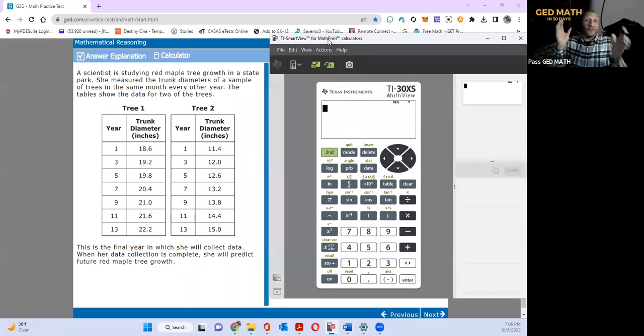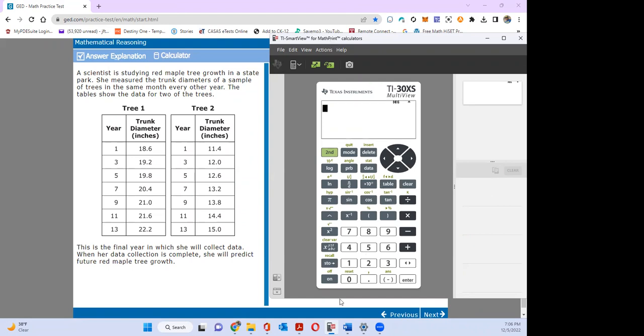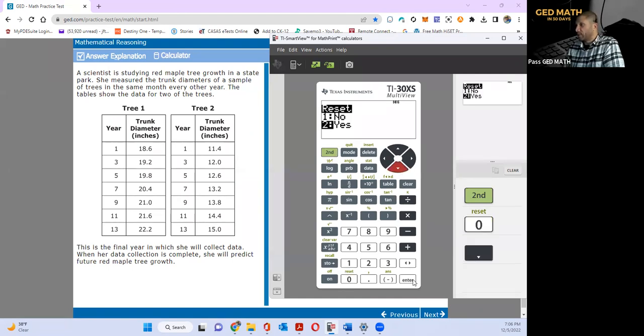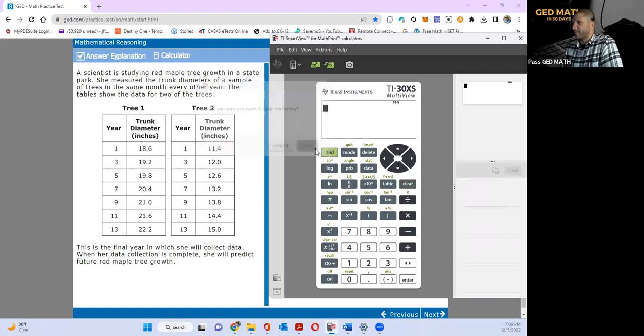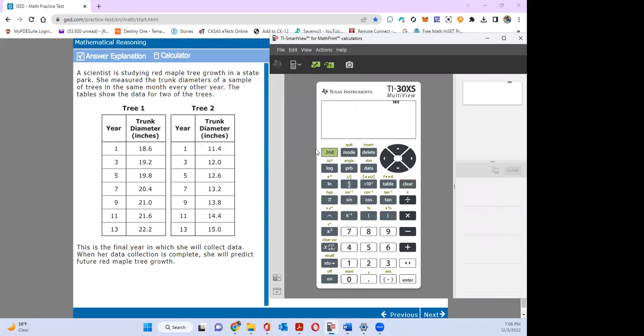That problem that just took us 5 minutes, less than 30 seconds. Let me reset the whole calculator because I need you to really see how easy this problem is, if you go through the ebook and understand all the shortcuts I've given you using the calculator.